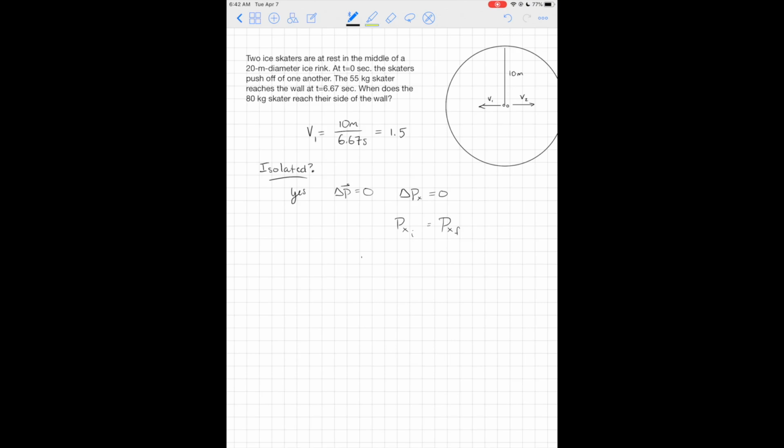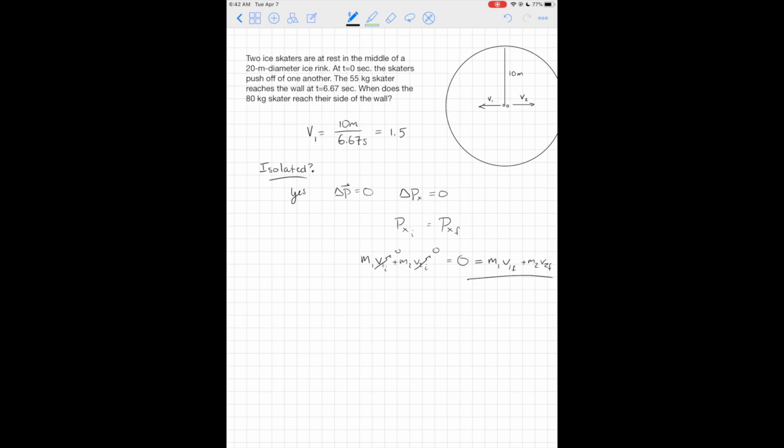If I were to draw this out, m1 v1i plus m2 v2i, both of these velocities go to 0. So I'm left with 0 on the left-hand side. On the right-hand side, I have m1 v1f plus m2 v2f.